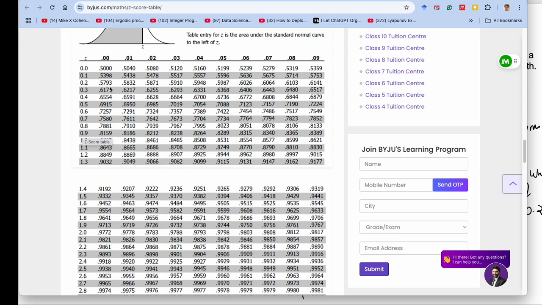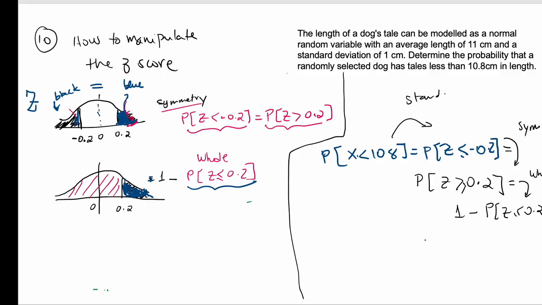So it's this figure here that you're seeing, 0.5793, which is 0.2 with 0.00. This figure is the probability. So this is 1 minus 0.5793, which will be approximately 0.42.